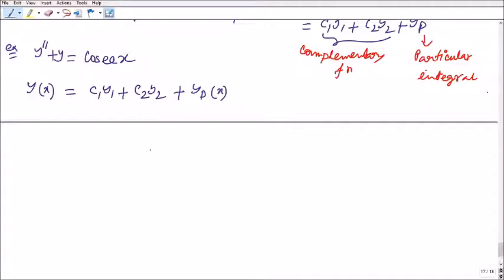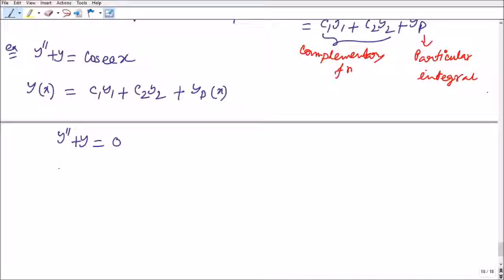So to calculate c1 y1 plus c2 y2, that is the complementary function, that is the solution of the homogeneous differential equation of this non-homogeneous differential equation. We write y double dash plus y equal to 0. So we have to obtain the homogeneous differential equation of this differential equation.